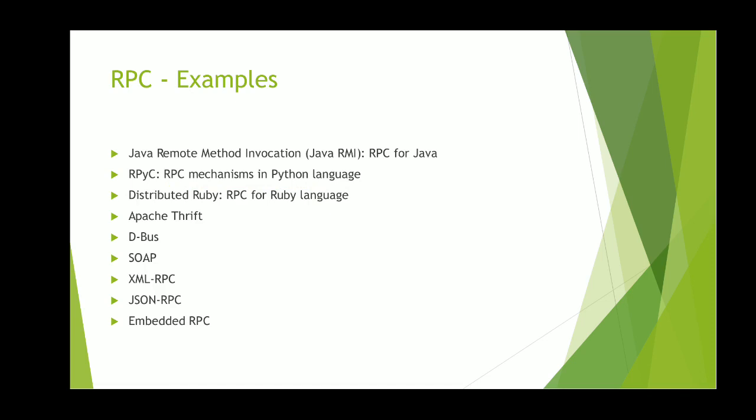And distributed Ruby is an RPC mechanism which is used in the Ruby language. Below these are the general purpose RPC methods. Examples of these general RPC methods are Apache Thrift, D-Bus, SOAP, XML-RPC, JSON-RPC and embedded RPC.